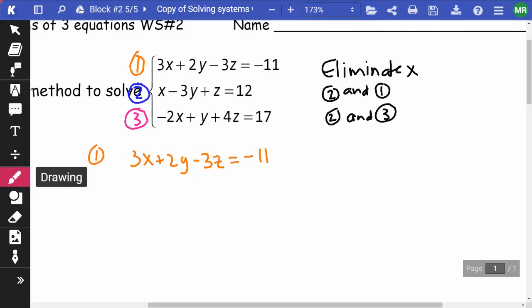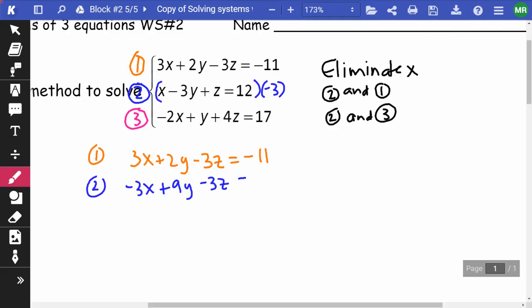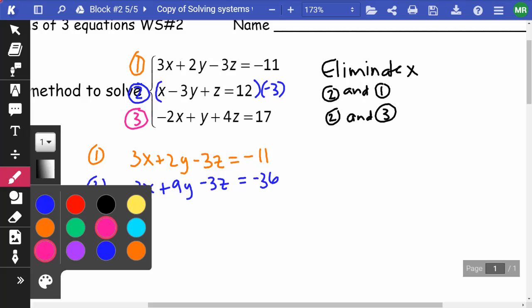But for equation 2, if I want to eliminate my x, I'm going to multiply this equation by a -3, so my x's are going to cancel. So my new equation 2 becomes -3x plus 9y minus 3z is equal to -36. Okay, so I'm multiplying everything by -3.